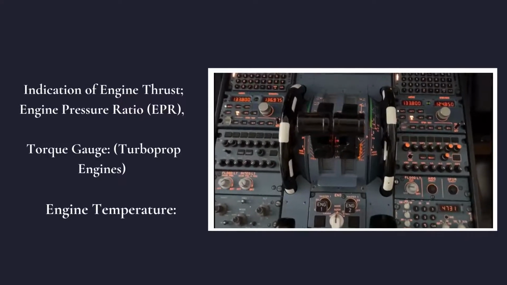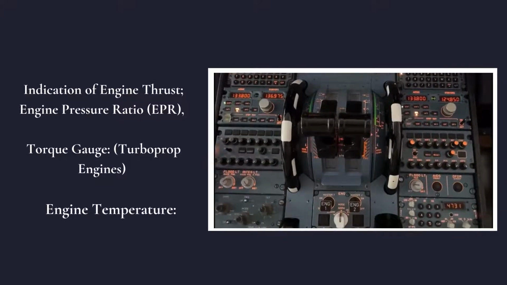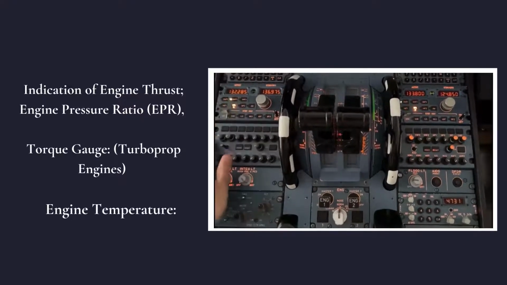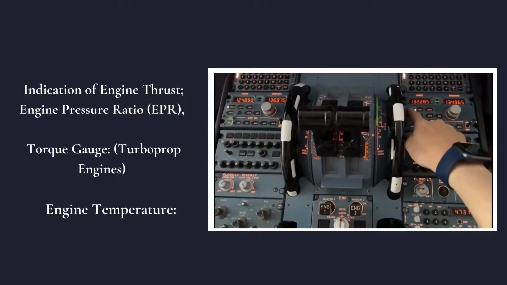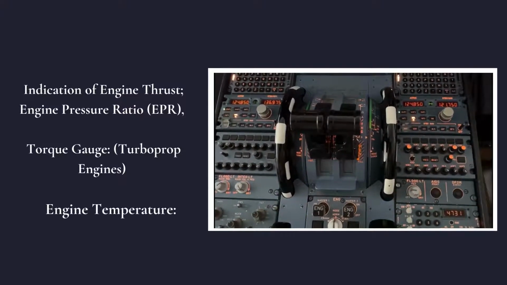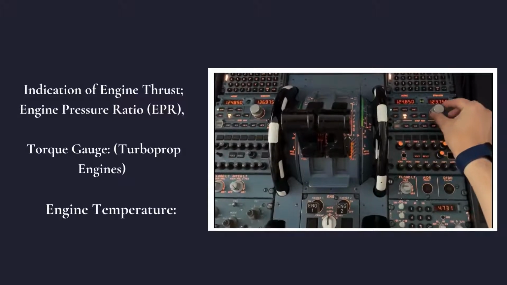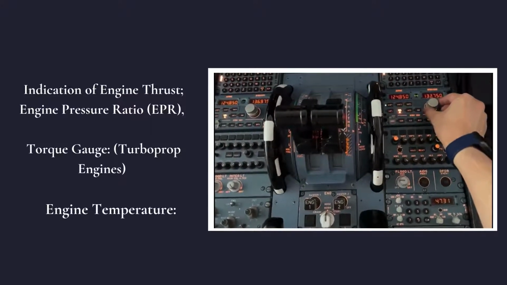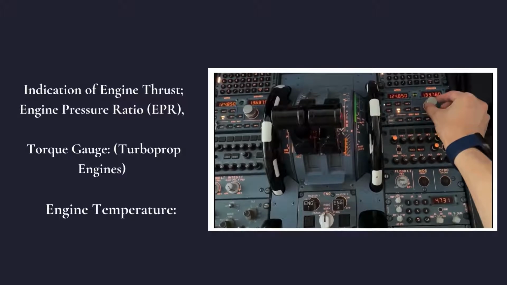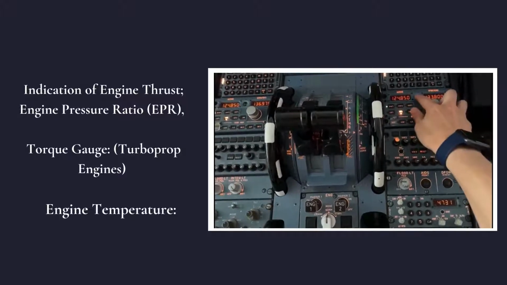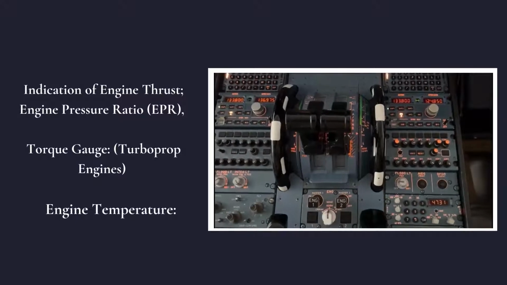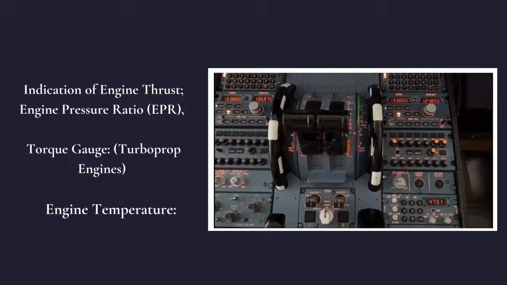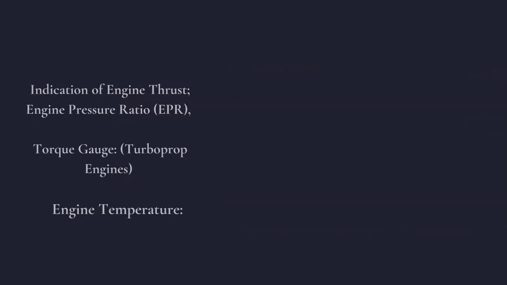If leaned, the temperature set by the EGT goes up, and when enriched it goes down. The cylinder head temperature gauge CHT indicates the engine temperature typically measured at the hottest cylinder in the engine, the one furthest from the cooling intakes.